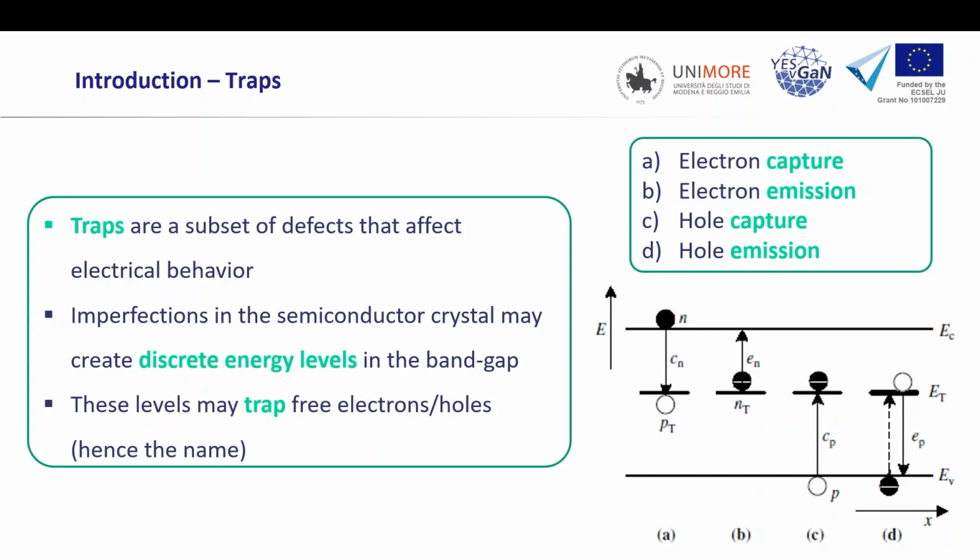And of course, because GaN has a very wide band gap, you can also have a lot of traps. You have either the emission or capture of electrons, and also holes. Both of these can be relevant for gallium nitride devices, and I will show you why this is the case.